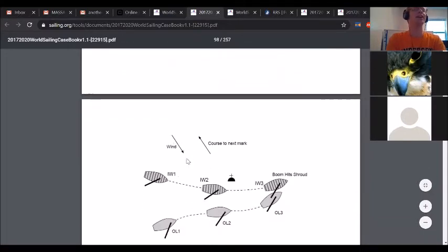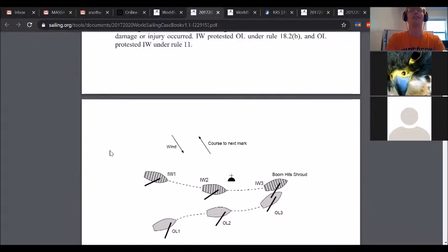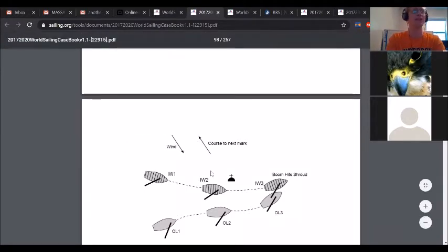Again, I don't know why we couldn't just have a standard wind from the top, but we have the wind coming from about 45 degrees, the top left corner of my screen. And it is a windward leeward, I guess it's probably to just fit it in space, but I'll keep complaining about it. So normal windward leeward course, this is the leeward mark, and the windward mark is way upwind.